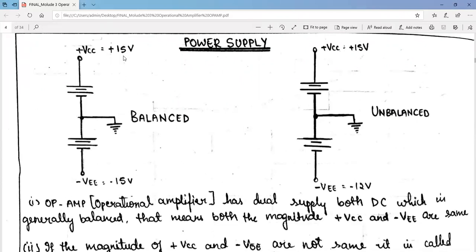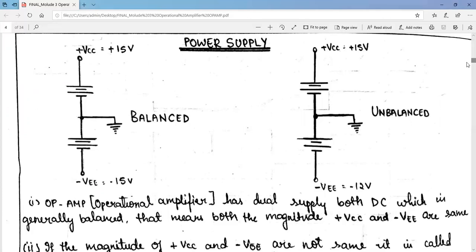Can you see here? Plus 15 and minus 15. Therefore, it is called balanced power supply. And here it is plus 15 and minus 12, so the magnitudes are different. Therefore, it is called unbalanced power supply.